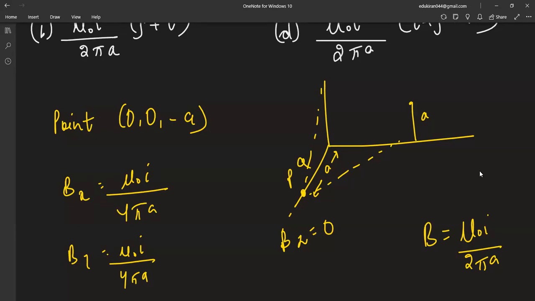The magnetic field due to the current in the x direction is along y. Suppose this is the point at which we are calculating. The magnetic field due to the current along the x and y directions you have to determine. This is x, this is y, this is z.